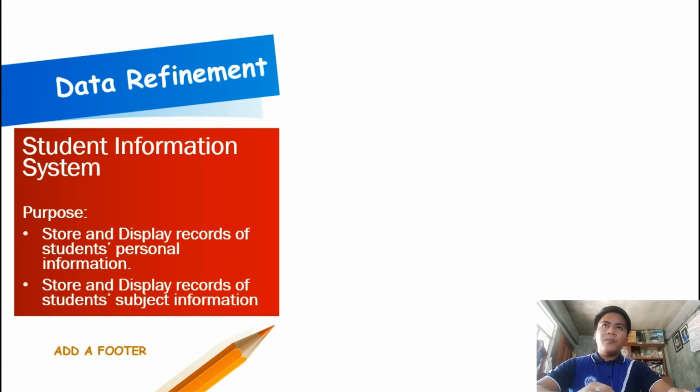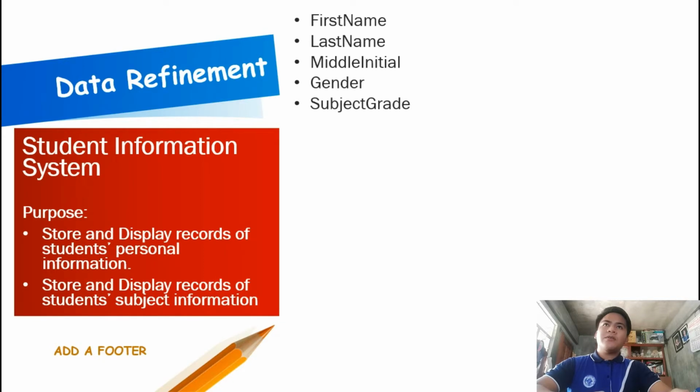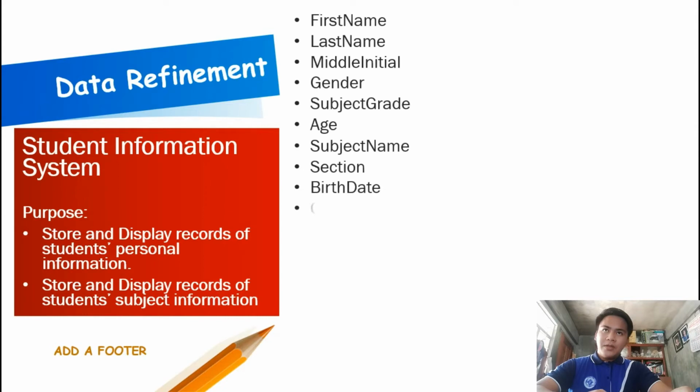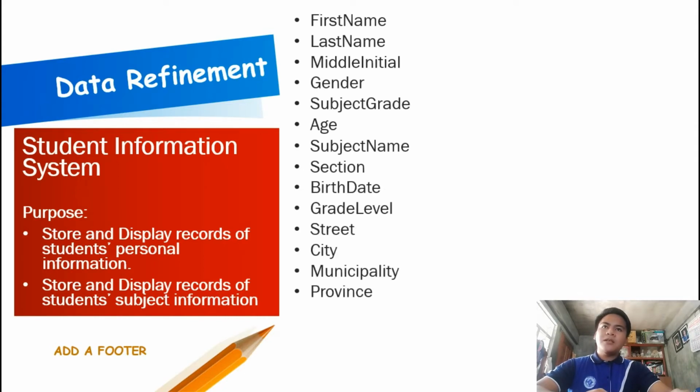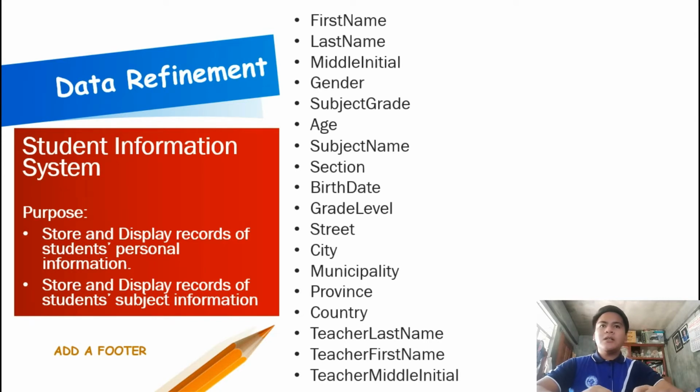Then I come up with last name, first name, middle initial, gender, subject grade, age, subject name, section, birth date, grade level, street, city, municipality, province, country, teacher last name, teacher first name, and teacher middle initial.